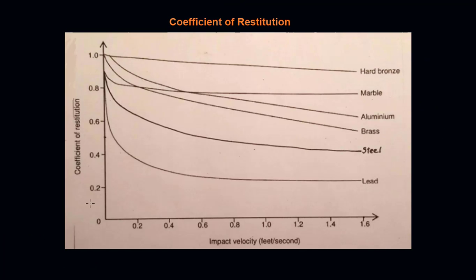If we take a look at our coefficient of restitution, our impact speed was around 4 meters per second, which is going to be about 12 feet per second. So we're going to be way out here on this end, and we're steel on steel. We'll be someplace around 0.5 to 0.4. For the sake of argument, let's just assume that it's around 0.5.